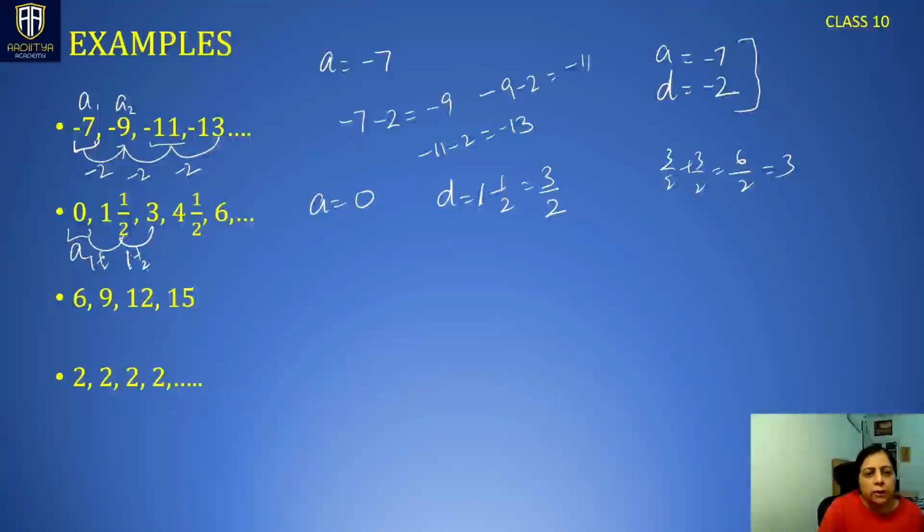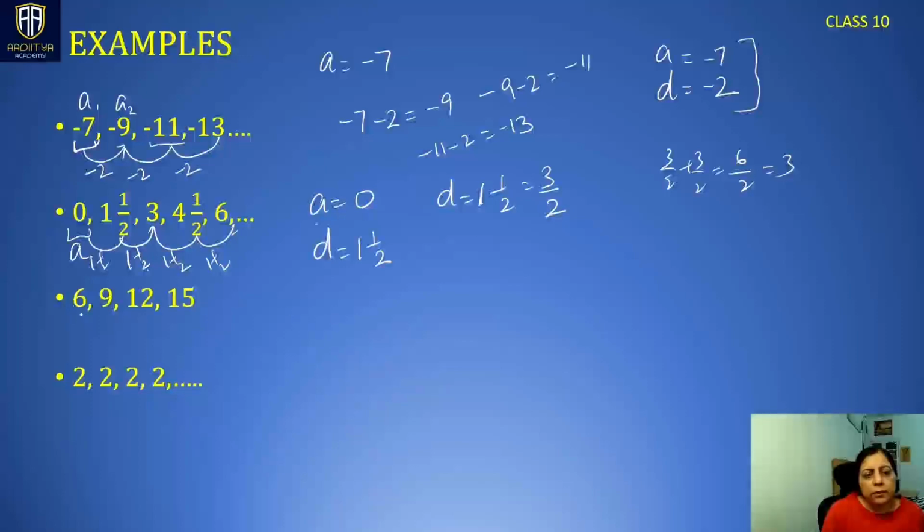So here also d is 1.5. 3 added to 1.5 makes it 4.5. And 4.5 added to 1.5 makes it 6. So here also this is an AP with the first term 0 and common difference 1.5.